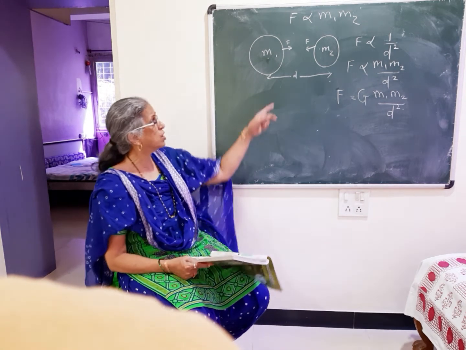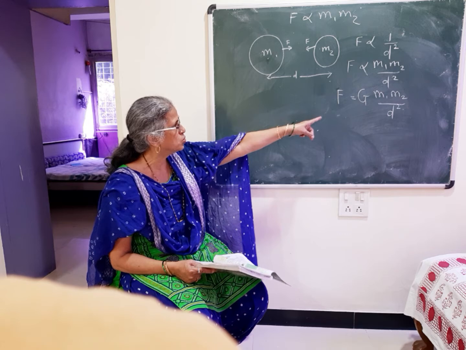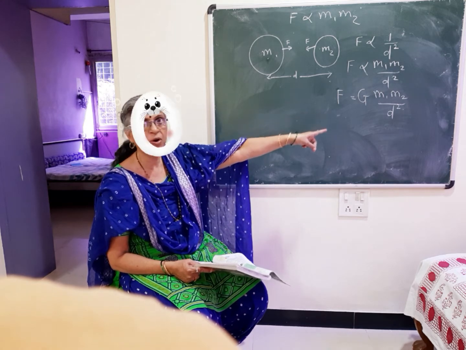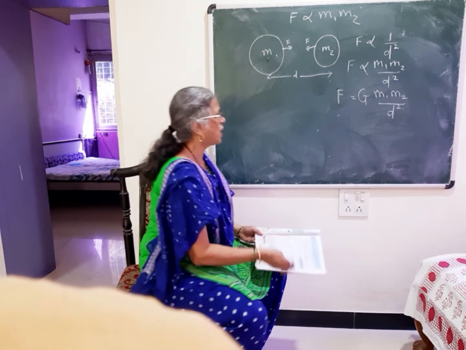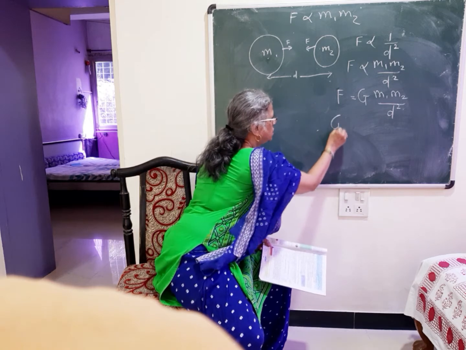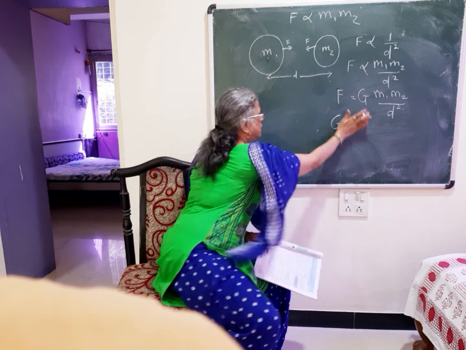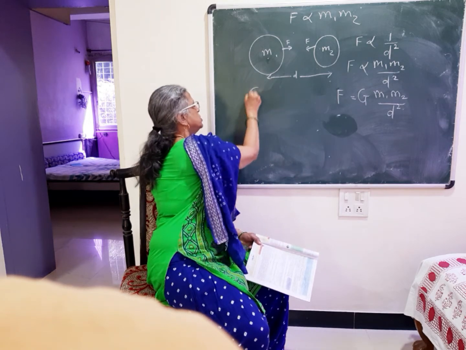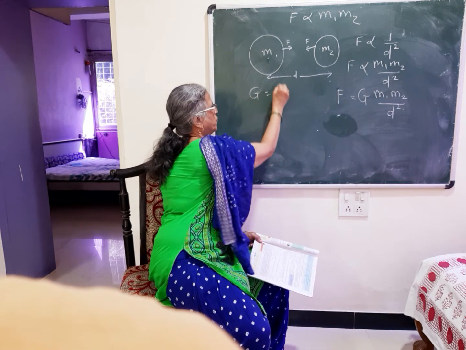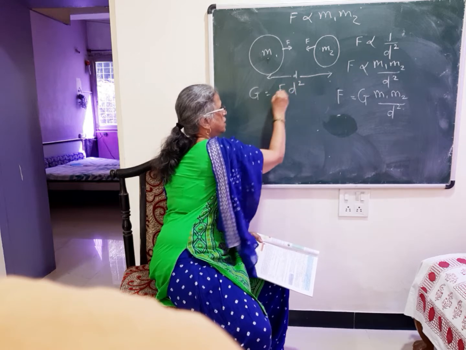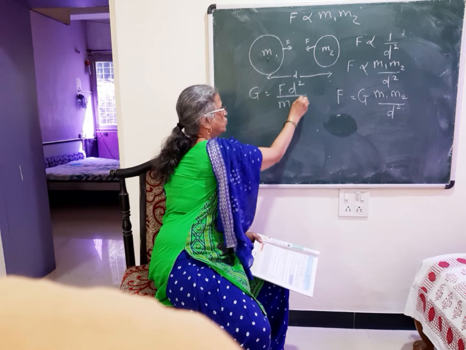Now again we will come to this equation, F is equal to capital G m1 m2 upon d square. So if we want G, then what will be G? I will write on this side. So G will be F into d square upon m1 m2.